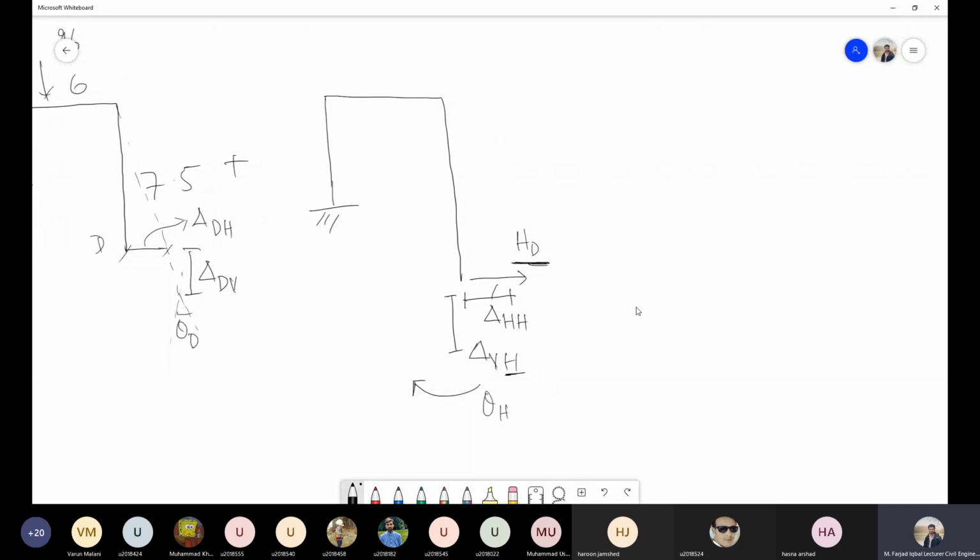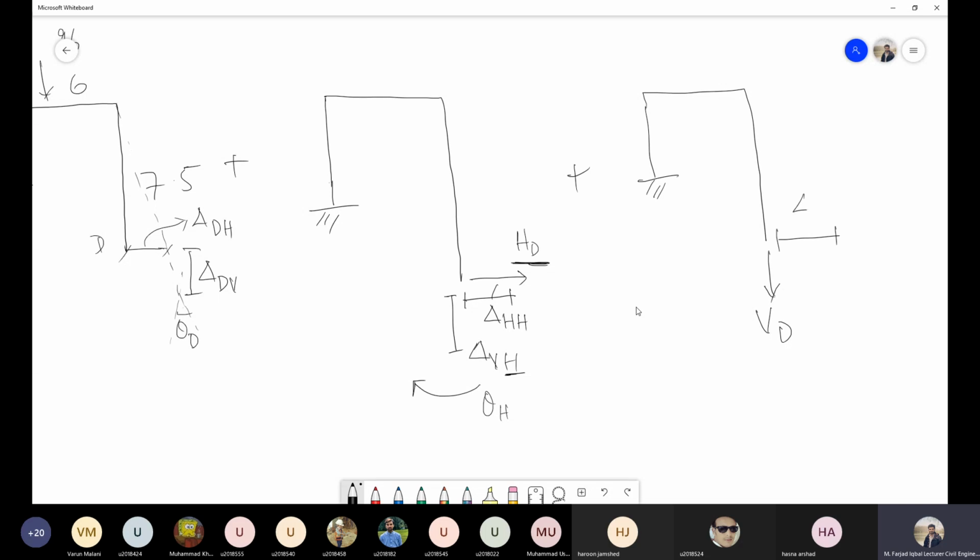Right? The second frame would be the one in which I would apply the vertical reaction at this point. Let's call this VD. Now due to this vertical load, again there will be three deflections.